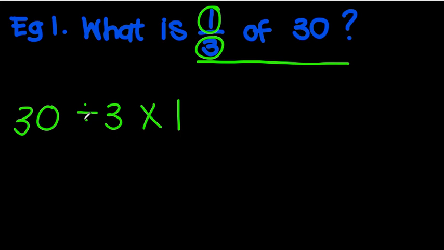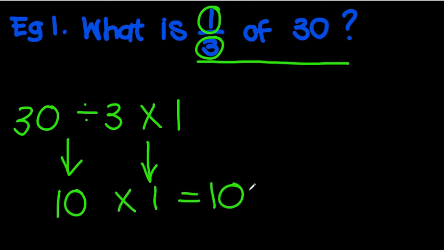And it becomes really simple then, because if we go 30 divided by 3, that is going to give us just 10. And if we carry down that times 1, 10 times 1 gives us 10. And so we find that 1/3 of 30 gives us 10 as our answer. Okay, really straightforward method. It works all the time for fractions.